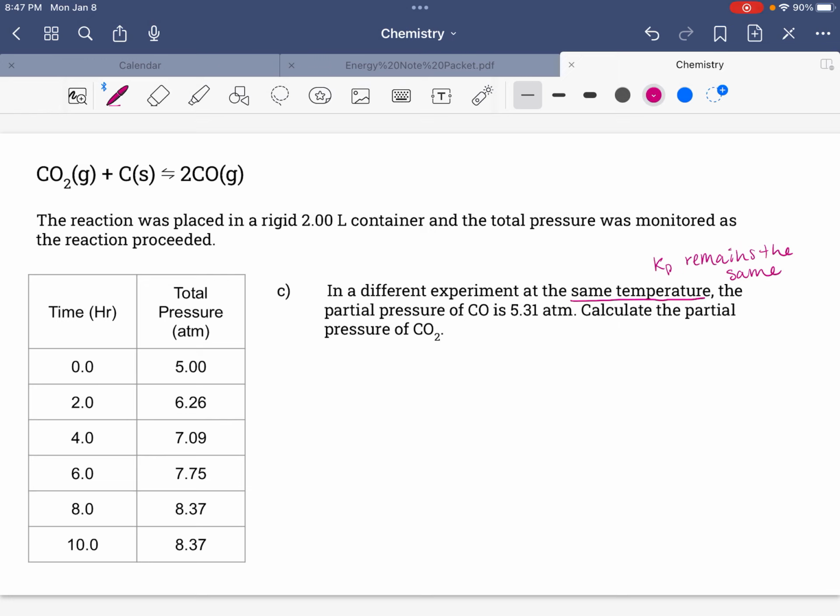So if I plug in the Kp value that I found for part B, 27.9 is equal to, and then they told us the partial pressure of carbon monoxide, 5.31, and we're going to square that over the partial pressure of CO2. So we can solve by multiplying over my partial pressure and then dividing both sides by 27.9, and I got that the partial pressure of the CO2 is 1.01.